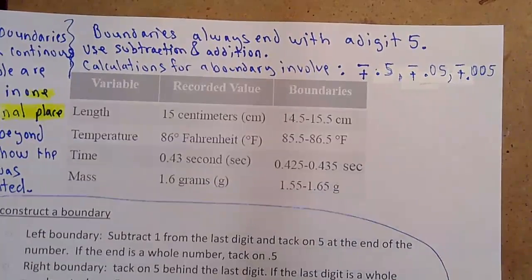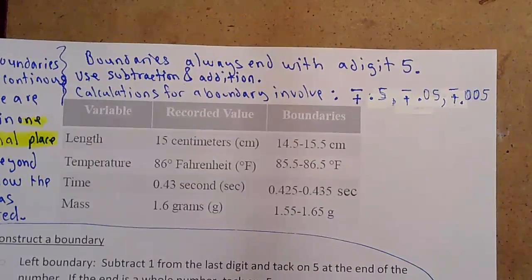Okay, so we have 0.5, 0.05, 0.005. And I don't think the book will give you anything beyond that. Usually those are one of the three values that you'll need to subtract and add to what they give you.